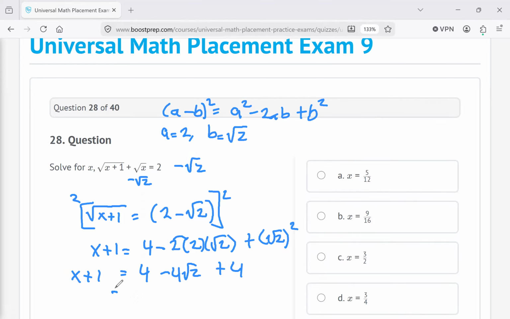Okay, so now if I simplify this, oops, I made a mistake. Radical 2 squared is not 4, it's actually 2. So you have 4 minus 4 radical 2 plus 2, so that's 6 minus 4 radical 2. Now that's plus 1.